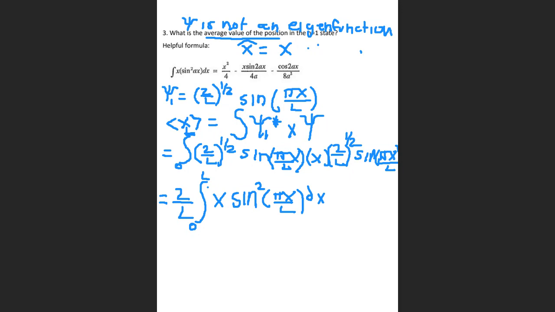Then we look at the formula and go, oh, this must be this thing where a is pi over L. Okay, I'm going to clear annotations.